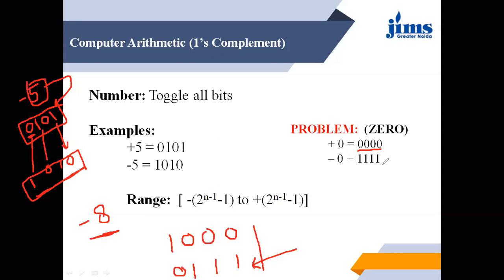So when I toggle these bits, I get 1 1 1 1, and it represents that there are two representations of 0.